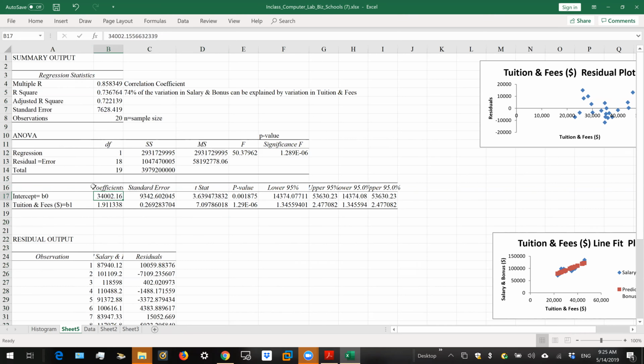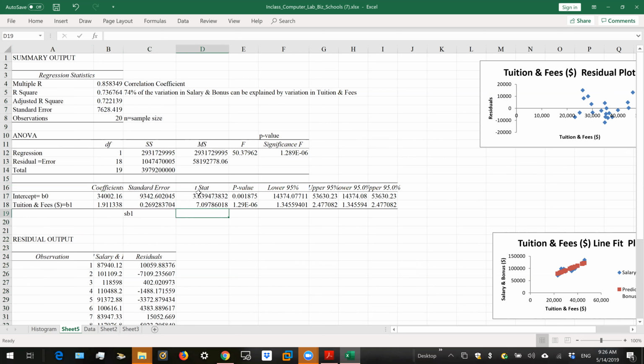So in this case, the intercept is 34,002. The slope of the regression line is 1.911. The standard error here, this number 0.269, this is what we have been calling S sub B1. And I'm just going to type SB1 in here for us to remember that.